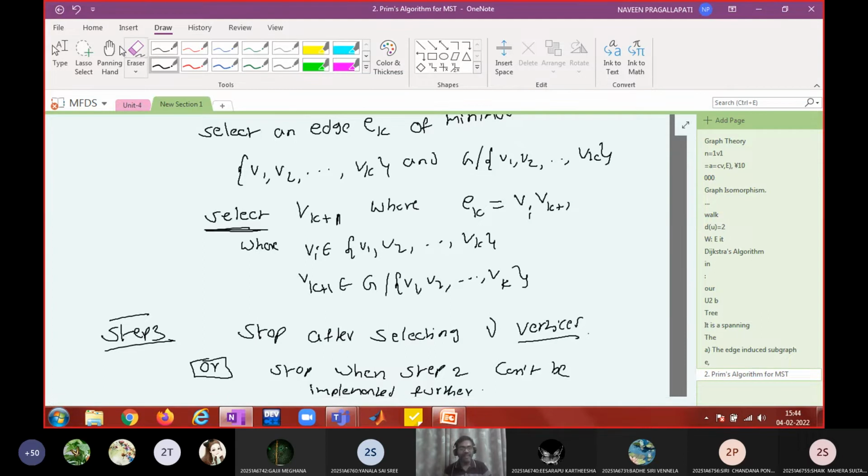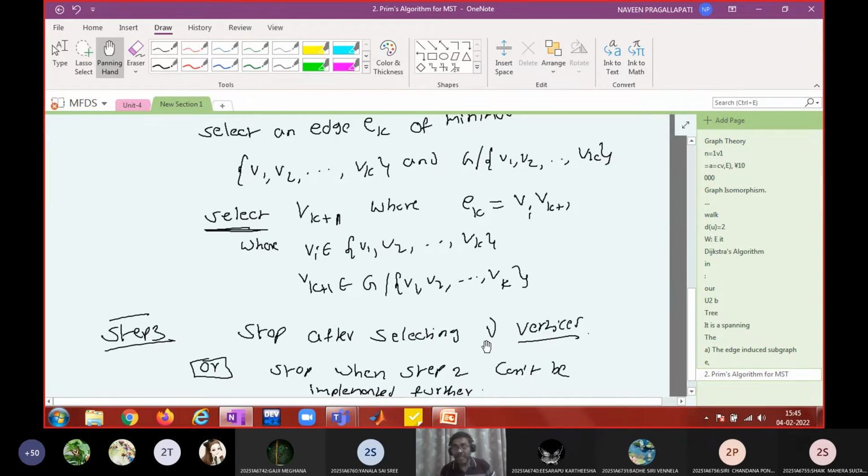After exiting from the loop, you compare the number of vertices in the tree with the number of vertices in the graph. If they are equal, that means you got a minimum spanning tree. If the number of vertices in the tree is less than the number of vertices in the graph, that means you did not get the minimum spanning tree.